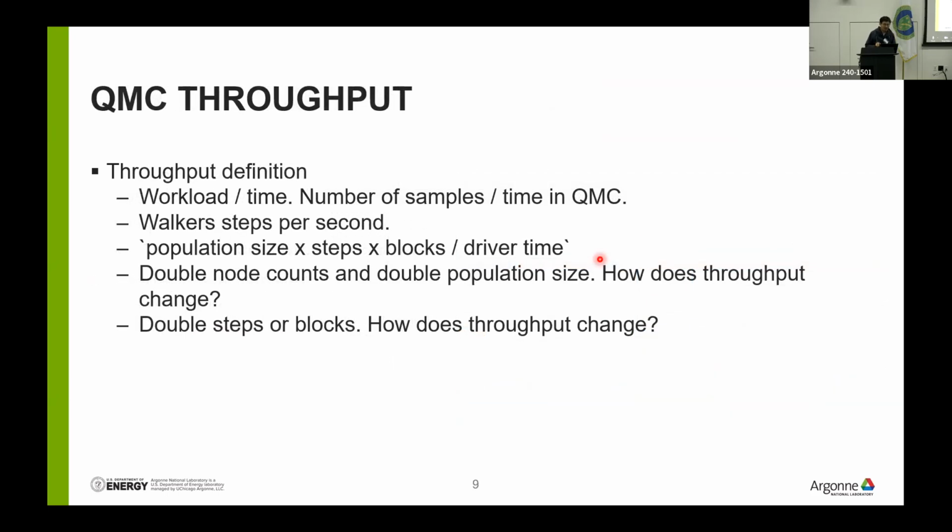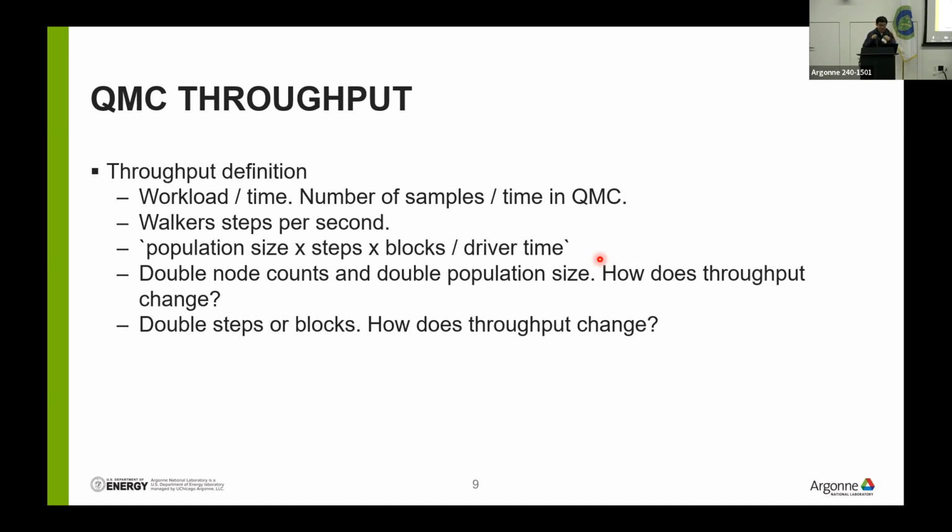Okay, before talking about performance, I'd like to define throughput when we say QMC throughput. Throughput in a broader definition is the amount of computation over the time to execute the computation. In QMC it is generally the number of samples over the amount of time you execute to get those samples.